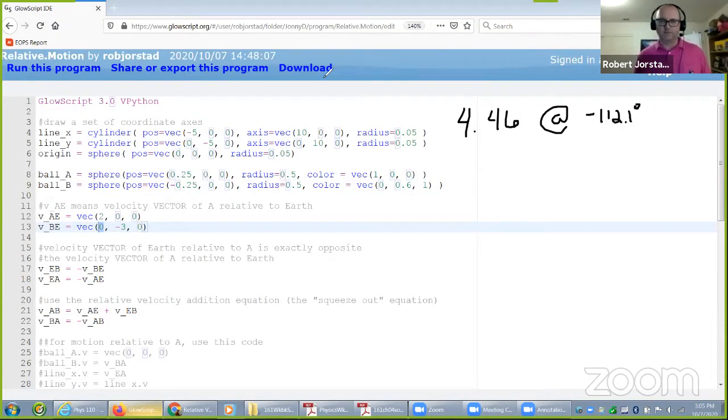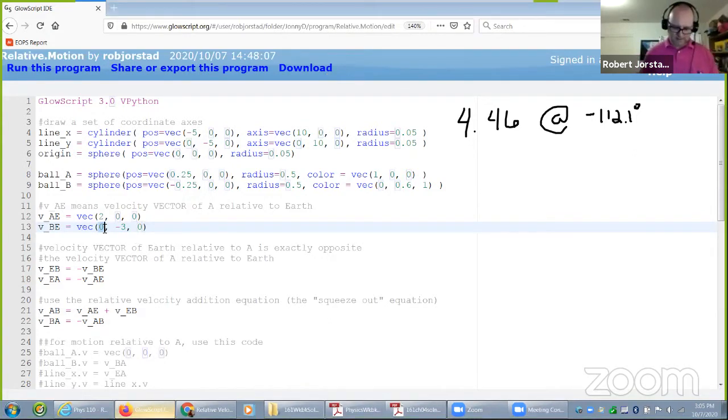So check this out. If I wanted to do this, I could go into here and say this is 4.46 times the cosine of radians of negative 112.1.